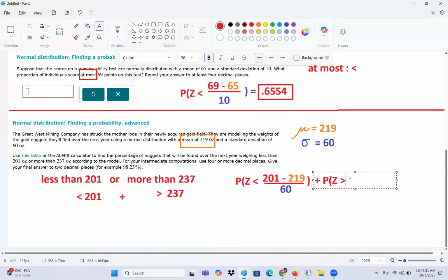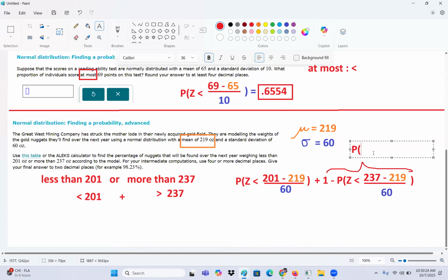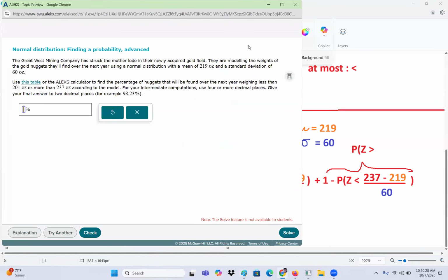We don't have a greater than, so we take 1 minus P of Z less than (237 minus 219) divided by 60. You do the same thing. This is like a P of more than, right? We just compute on a calculator.